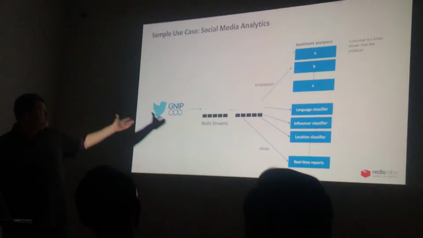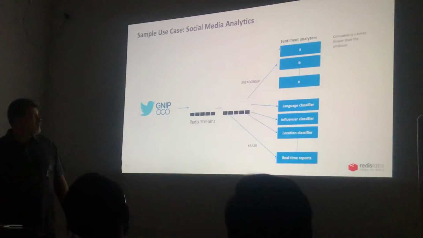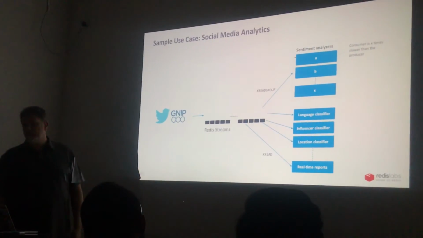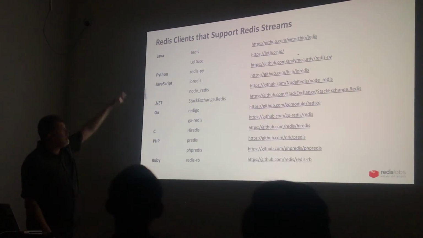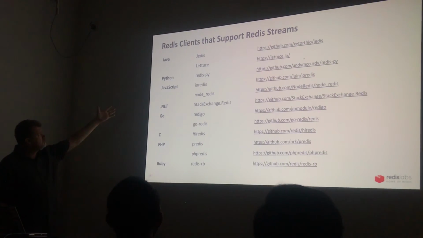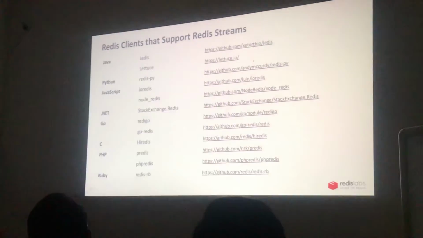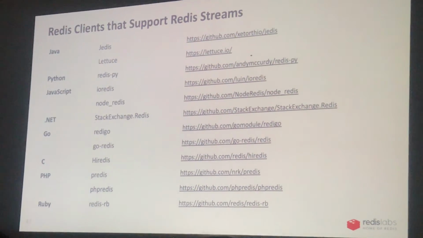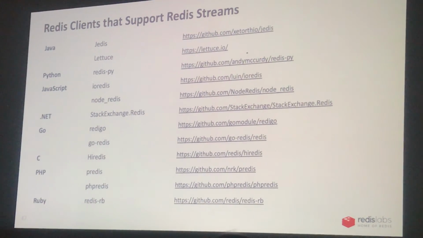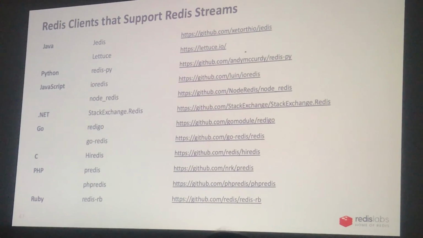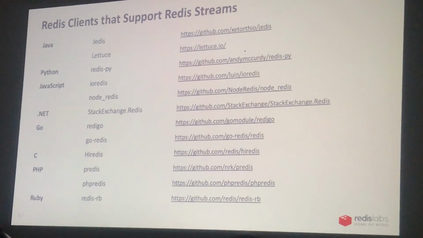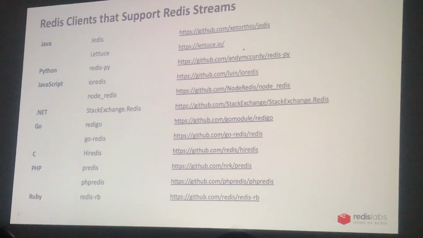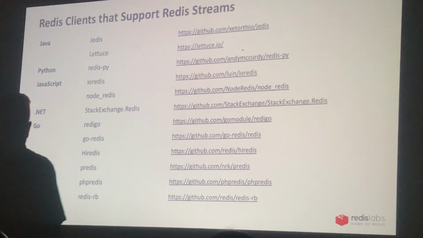And the example I gave you, of course, was Twitter, and you've got a bunch of groups and reads out there. So I think I'm pretty much done. There's a bunch of client libraries, so most likely your client library supports streams. It's only a year old, so not every client library has been updated to support streams, but most of the popular ones have. In fact, I know somebody just contributed one for Clojure, so Clojure is now added to that list. And that's it.